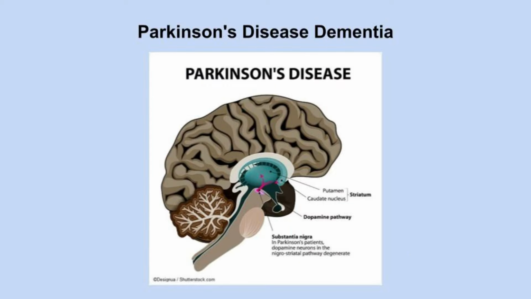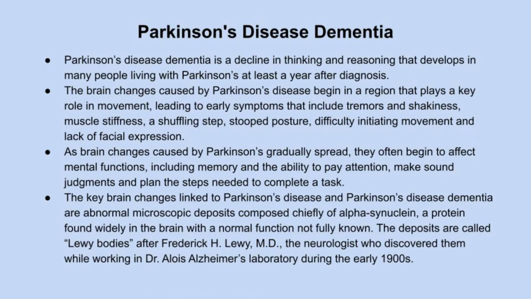So now we are going to move on to Parkinson's disease dementia. Now, what is curious to me is that Robin Williams was actually diagnosed with Parkinson's disease before his death. So Parkinson's disease dementia is a decline in thinking and reasoning that develops in many people living with Parkinson's at least a year after diagnosis.